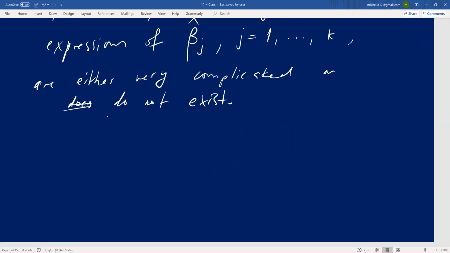Can you tell me how our model looks when k equals 1? In this case, our model has the following form. And this is our initial bivariate model.